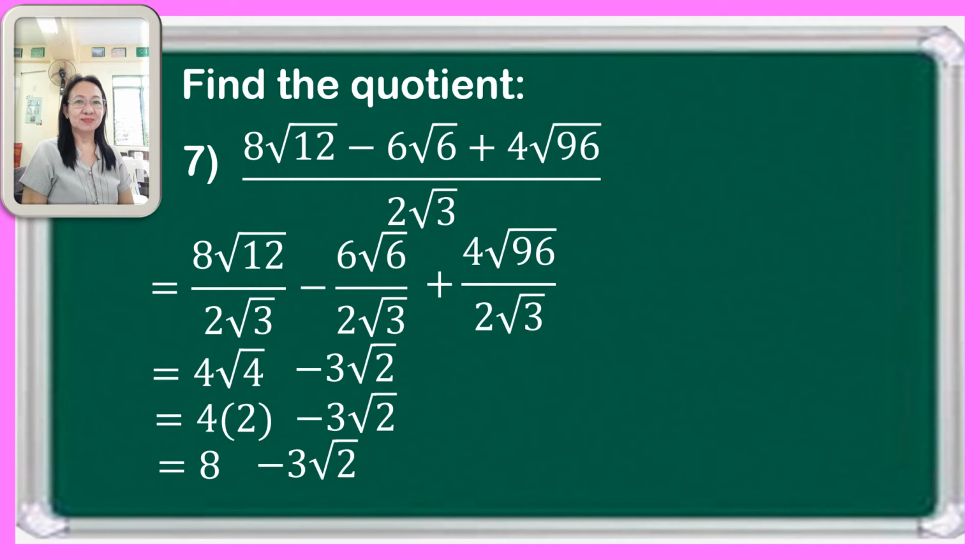Now for the last term, let us simplify this. 4 divided by 2 is 2, and the square root of 96 divided by the square root of 3 is the square root of 32.